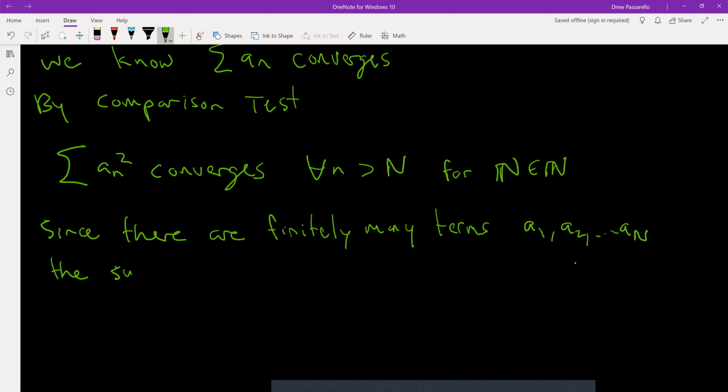So I should probably say a_1 squared, a_2 squared, up to a_N squared. The sum of a_n squared from n equals 1 to capital N is finite.